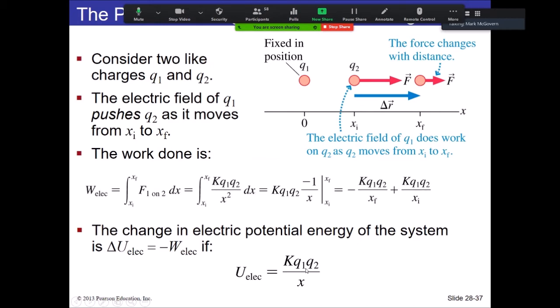Looks a lot like Coulomb's law, except it's not an x squared, just an x. Which is a little unfortunate because we have Coulomb's law, which is k Q Q over x squared. We have the electric field, which is k and only one Q over x squared. Now we have energy, which is k Q Q over just an x.